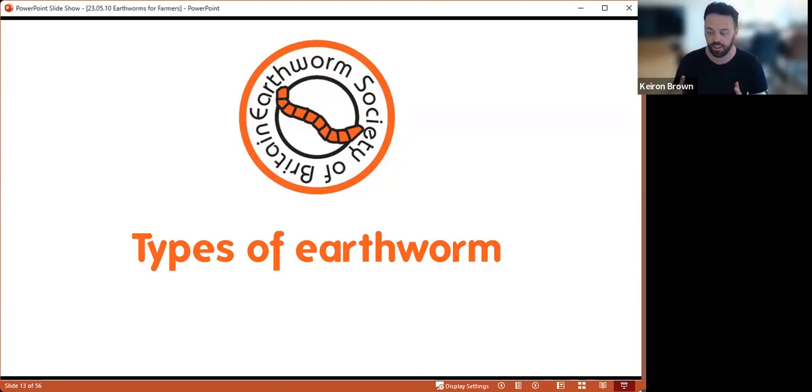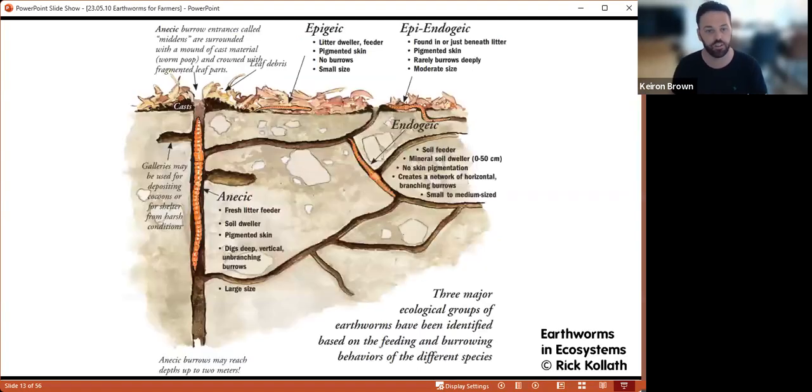Now, in reality, the groupings that I'm going to give you are a simplified version of what the reality is, because unfortunately nature never plays by simple rules that we set out, and I'll go into this a little bit later. But for the purpose of this talk I'm going to break them down into 3 broad categories, and I'm going to do that based on their morphology, so how they look, and their ecology.